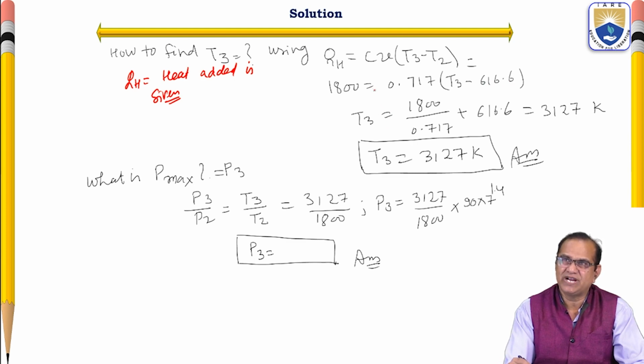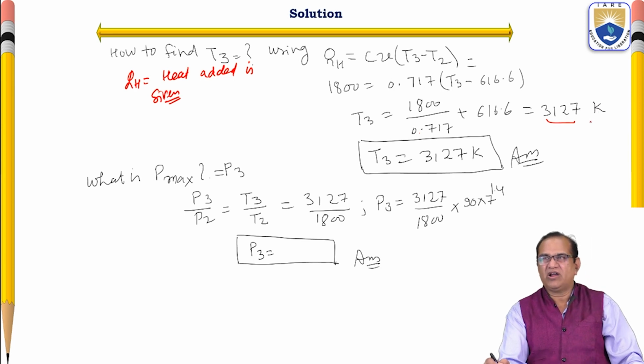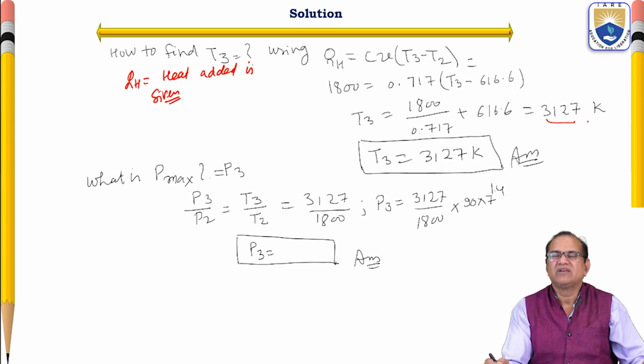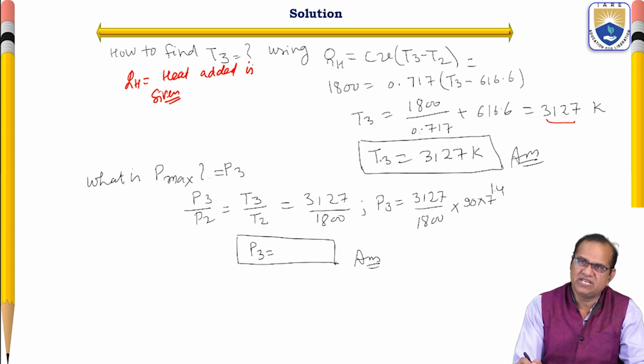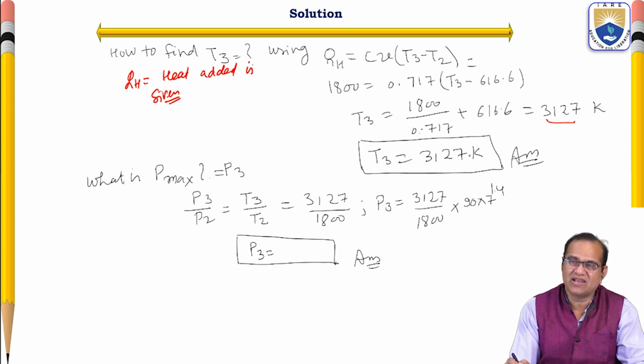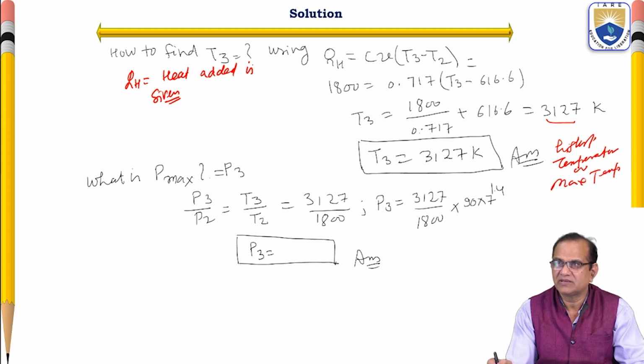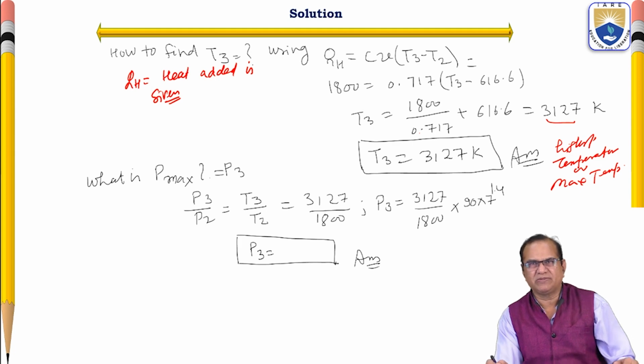So T3 is equal to 1800 divided by 0.717 plus 616.6. So we will get 3127 Kelvin. Or if you subtract 273, you will get it in degrees centigrade. So T3 we got 3127 Kelvin. So this is the highest temperature, the maximum temperature. Okay, so we got the maximum temperature.